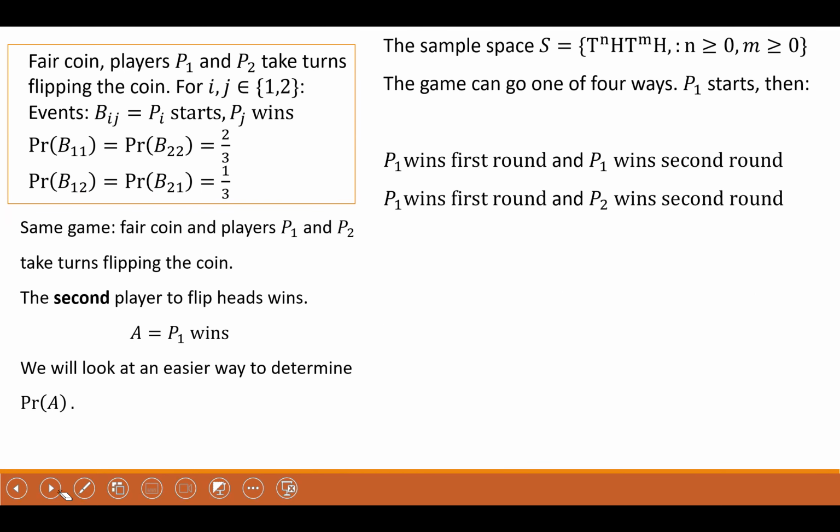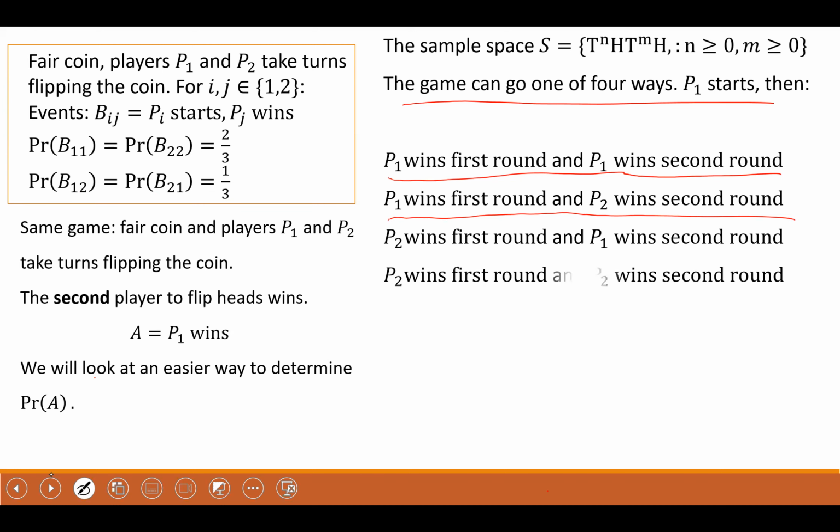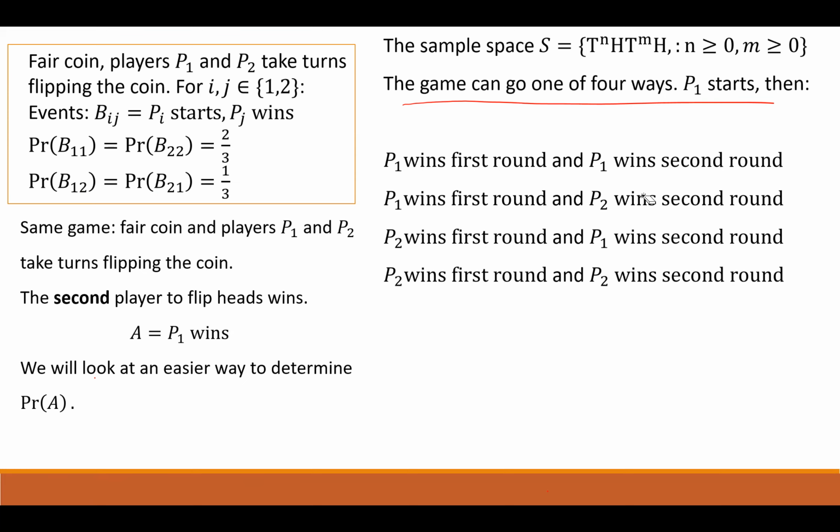So for player 1 to win, all of the outcomes can be described using this notation of substrings: player 1 wins the first round and player 1 wins the second round, or player 1 wins the first round and player 2 wins the second round, or player 2 wins the first round and player 1 wins the second round, or player 2 wins the first round and player 2 wins the second round. So those are all of the possibilities, right? That informally represents everything in our sample space.